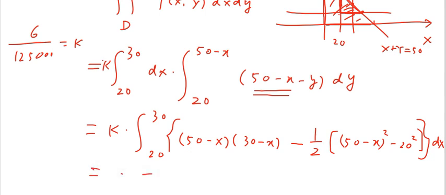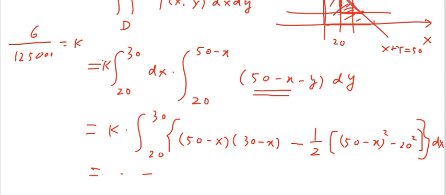This is just a polynomial integration. We can expand it, 50 minus x times 30 minus x multiplied together, and simplify, so inside is just a second degree polynomial. But those integrations are tedious.